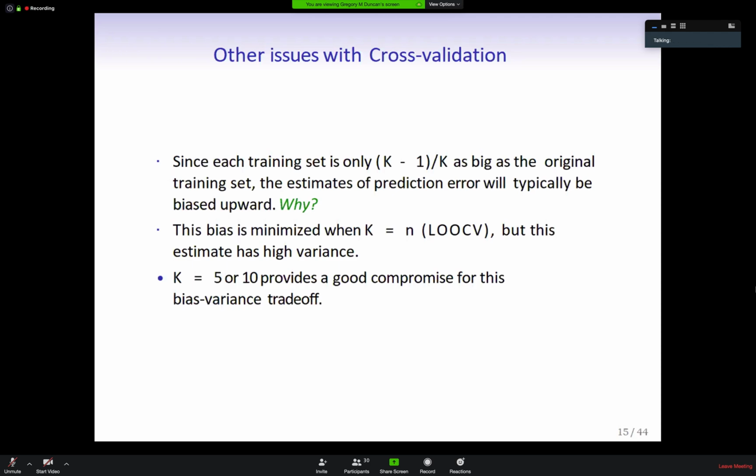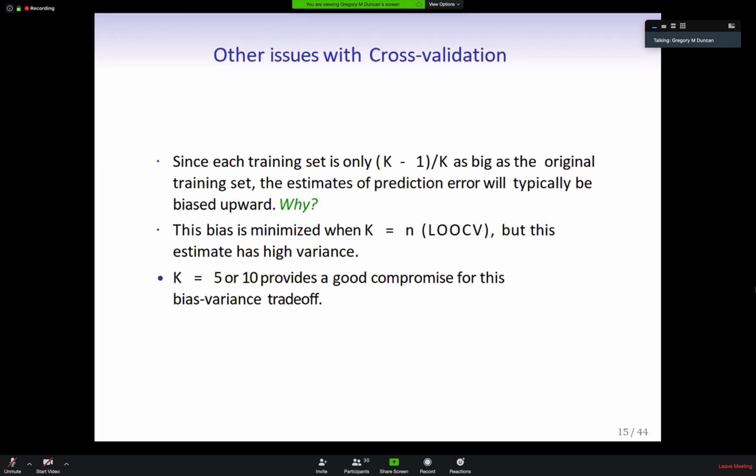So if we leave nothing out, we have a high bias, we overfit, but a low variance. If we do leave-one-out cross-validation, the bias is low, but we have a high variance.